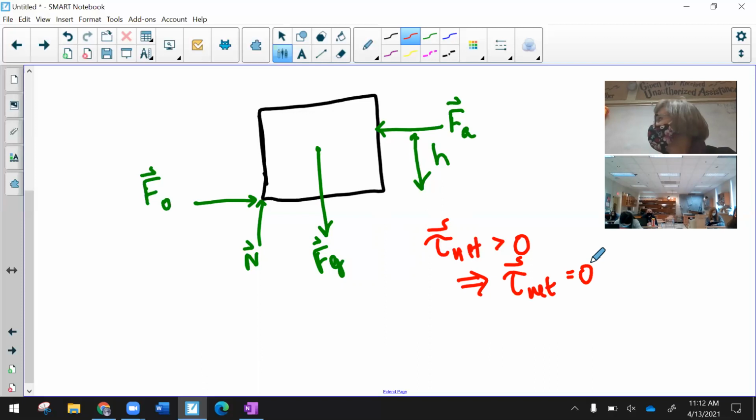So I hope you can tell by now that if I use F net equals 0, that's just going to tell me that the force of the obstruction balances the applied force, and the normal force and the gravitational force are going to balance, but it's not going to bring in h in any way. Okay. So what I'm really going to need to do is apply the net torque.